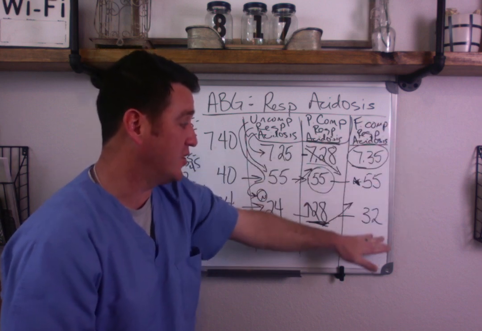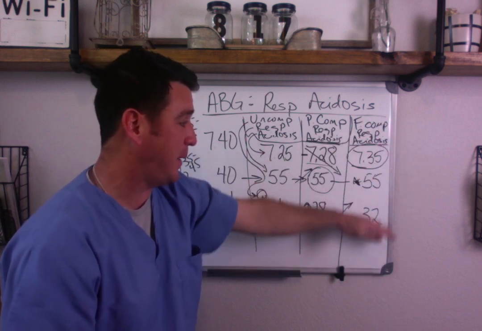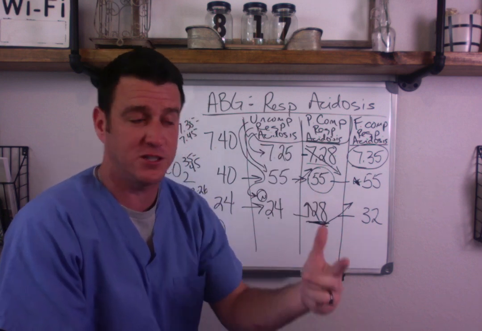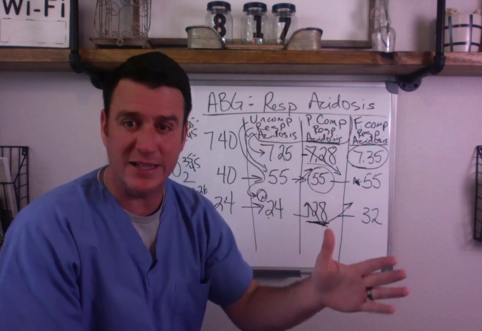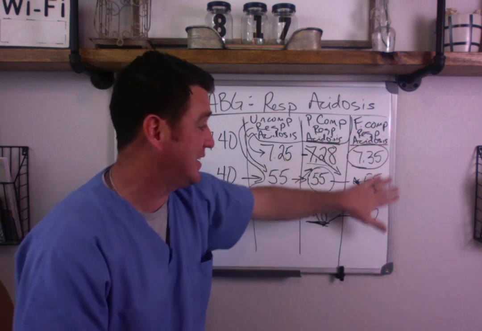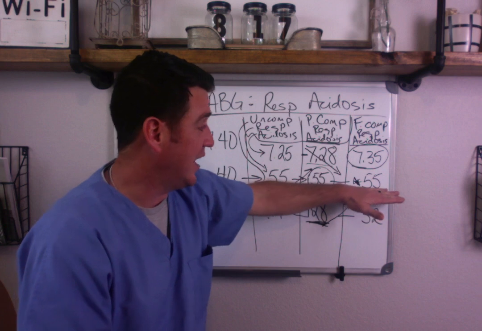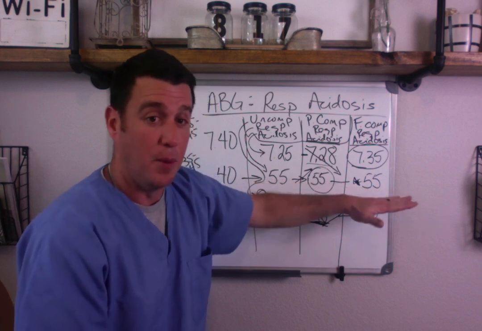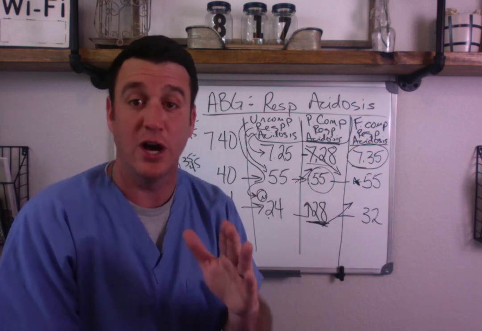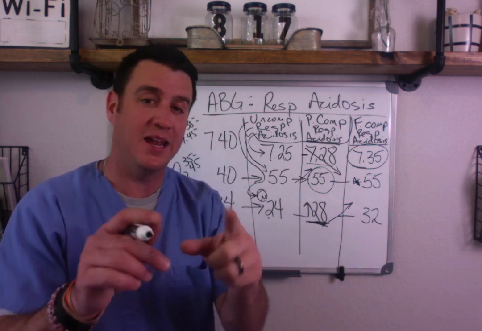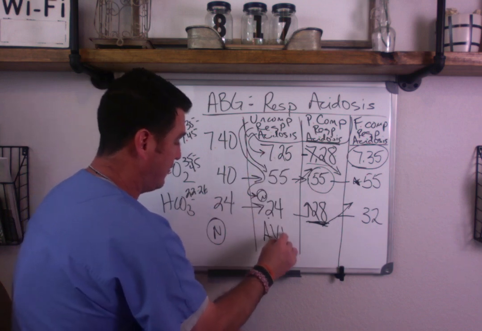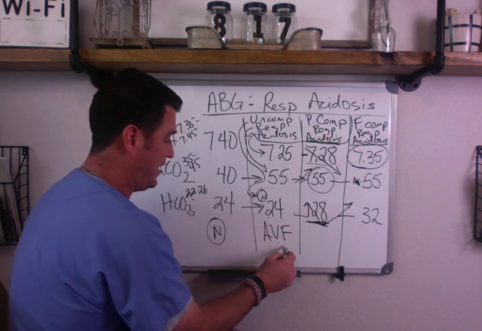So this is where your chronic emphysema patients, your chronic cystic fibrosis patients, your pulmonary fibrosis patients, your Pickwickian syndrome or morbidly obese patients, a lot of them live at this state with an elevated CO2, but with a compensated bicarb to bring our pH back into a normal pH range. Here's the key. We call this acute ventilatory failure, AVF.